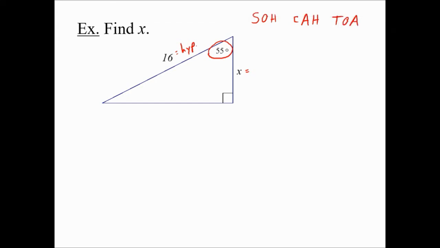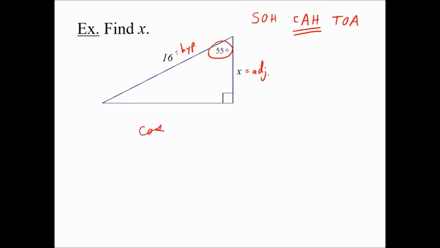I'd love to be able to say I did that to try to trick you, but I just messed up. The x is the adjacent side because it's right next to that angle that has been given to us. We're focused on just the angle that's been given to us, and x is right next to it. Because I've got the adjacent and the hypotenuse, I'm thinking about CAH. For this problem, I'm going to use cosine. So I'm going to write cosine on my paper.